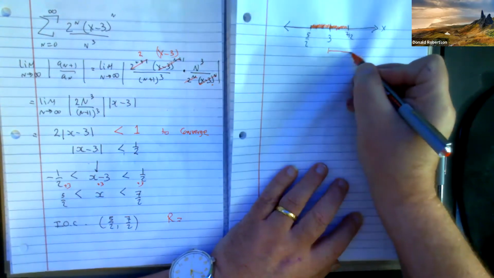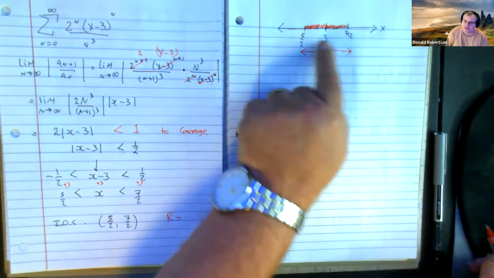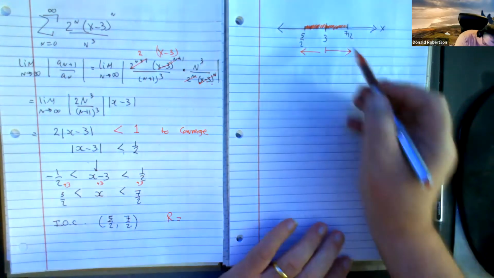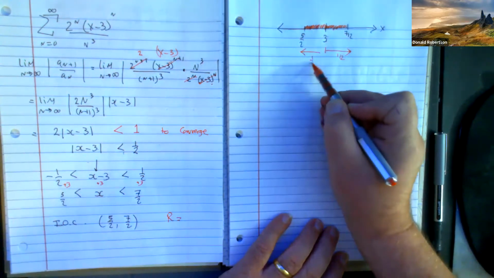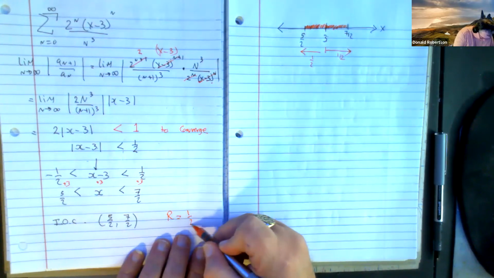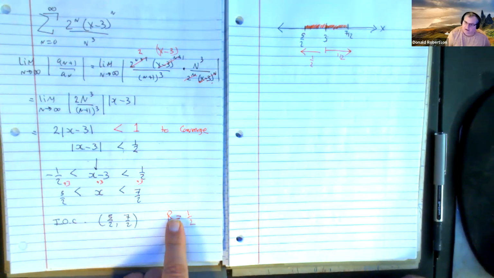And r is the distance from the center to the outside. So can you see the distance from here to here is a half, and the distance from here to here is a half? So r is a half. So far, so good. Now, if you do it visually, that's how you get r.